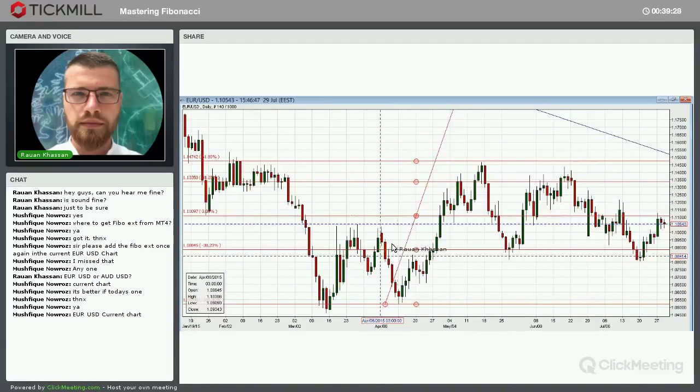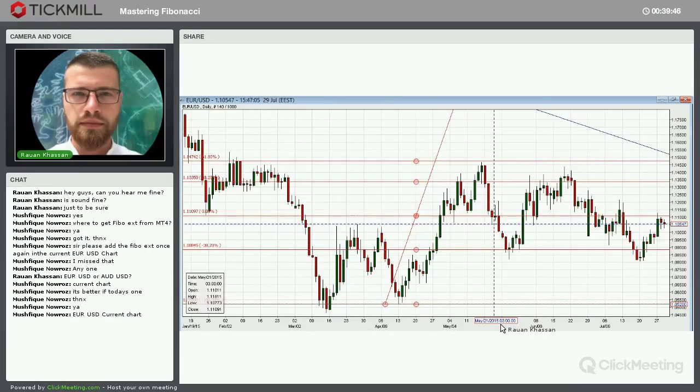Here you see it. So I hope you follow the logic. We have moved the start of the extension tool to the following bottom of 1.0520.